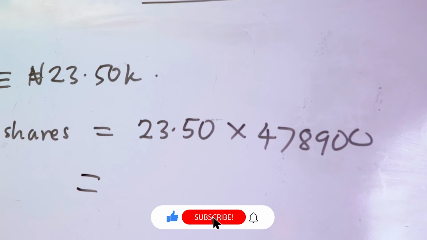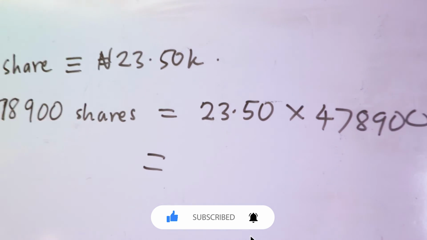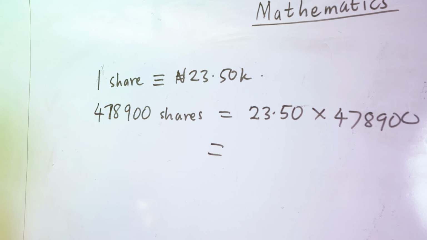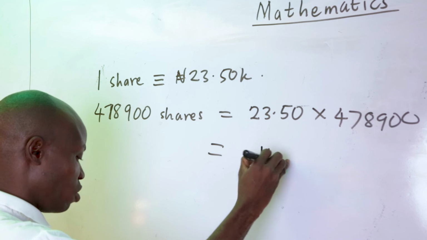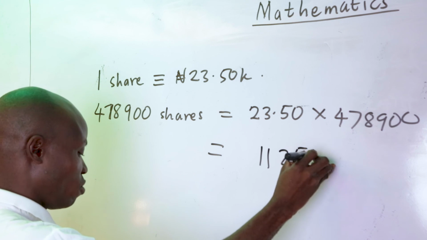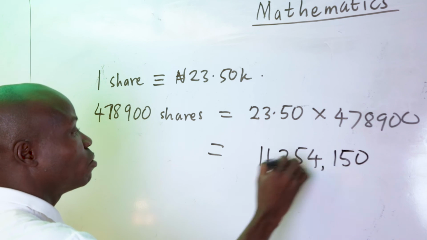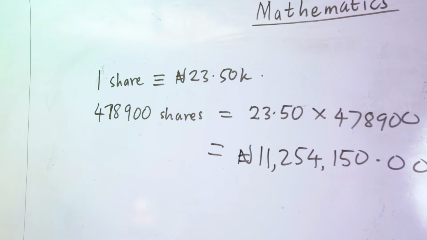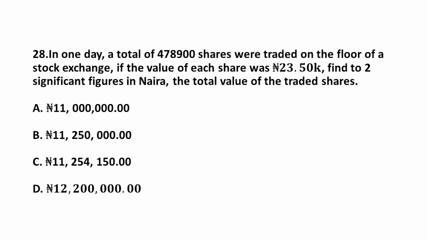By the time we multiply out, multiplying 23.5 by 478,900, we have 11,254,150.00 in naira. And that makes the correct option there to be option C.